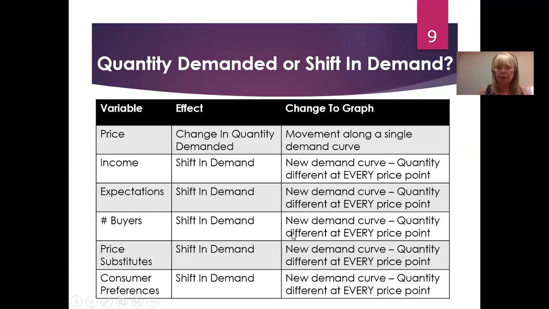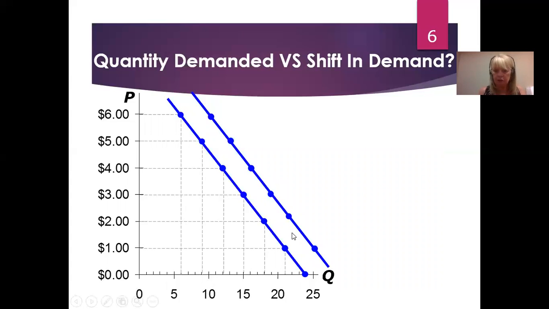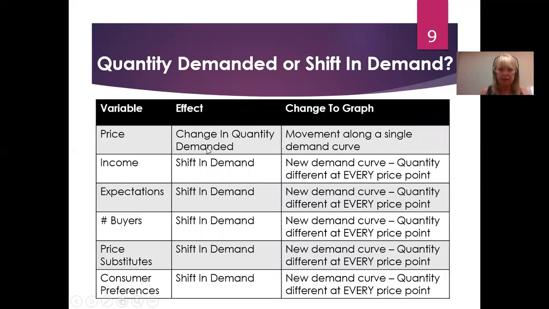And so any of these can change and can cause a shift in demand. A shift in demand means we're going to get a whole new demand curve where quantity is different than it was before. That's a shift in demand, and that's caused by any of these non-price determinants.